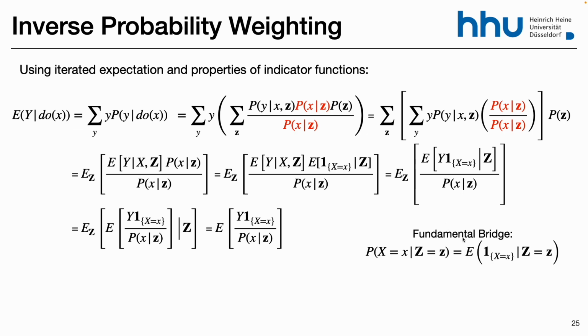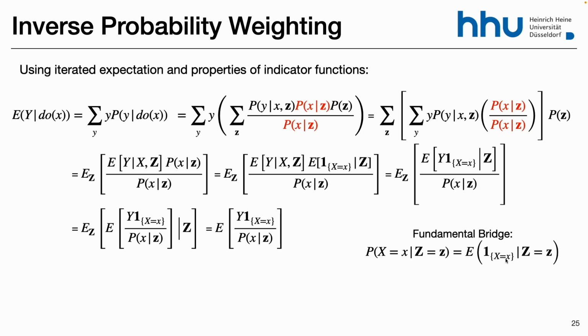Now there is this part which I don't know if you saw already, called the fundamental bridge. Instead of using probabilities, it's nothing but the expectation of an indicator function. If I want to compute the conditional probability of x given z, I just take the expectation of this function, where I only get 1 if x is equal to x and 0 otherwise.